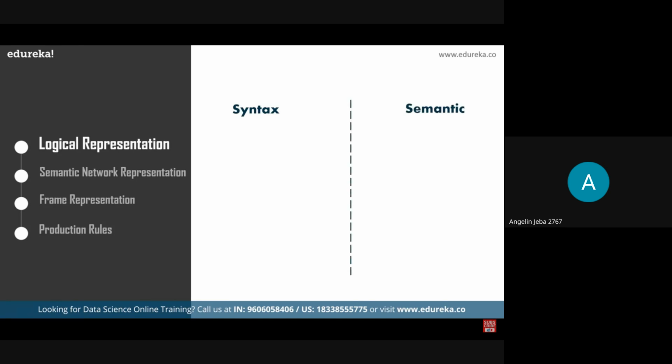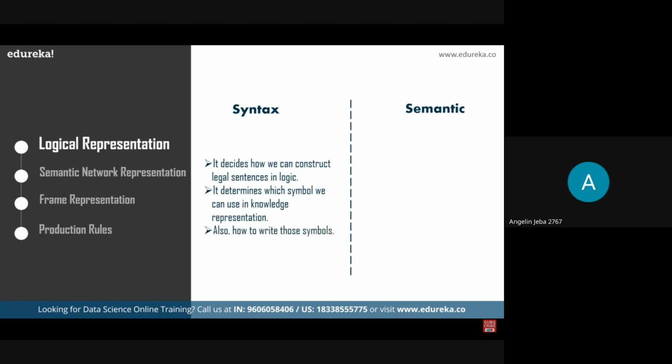So, what is the difference between syntax and semantics? Now, syntax decides how we can construct legal sentences in logic, and it determines which symbols we can use in knowledge representation. Also, how to write those particular symbols. But when it comes to semantics, semantics are basically the rules by which we can interpret the sentence in the logic.